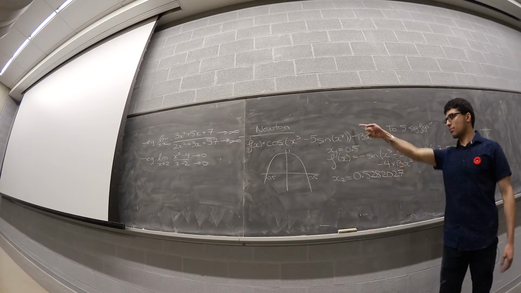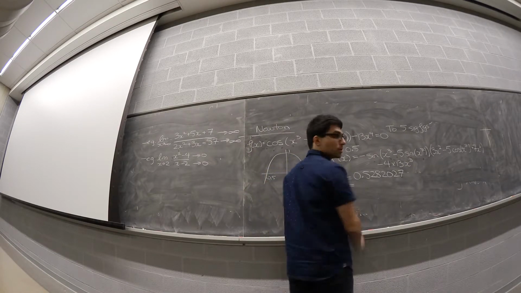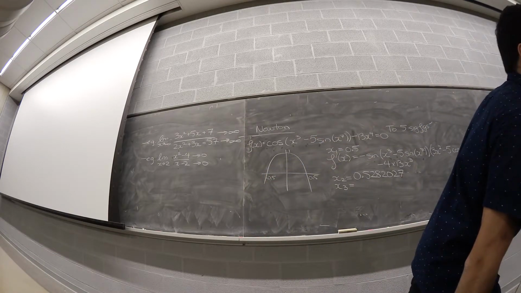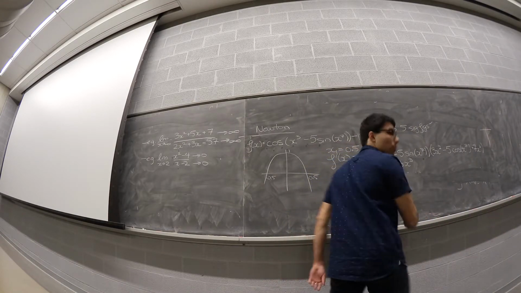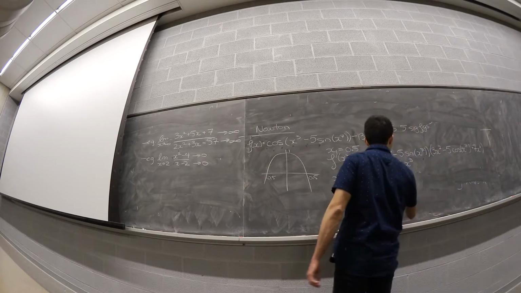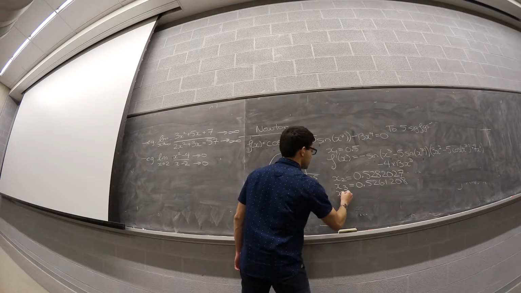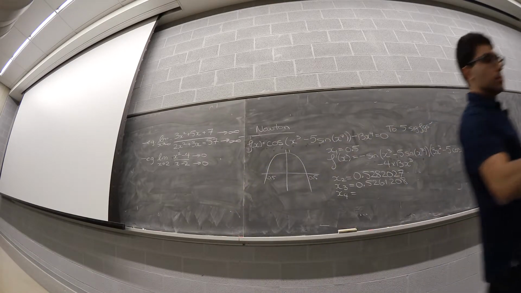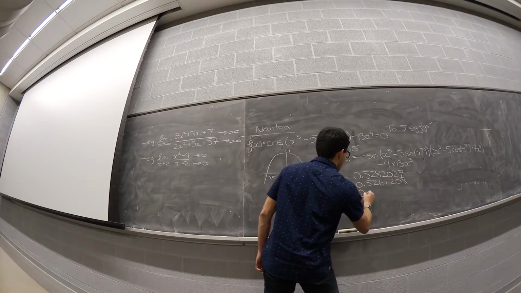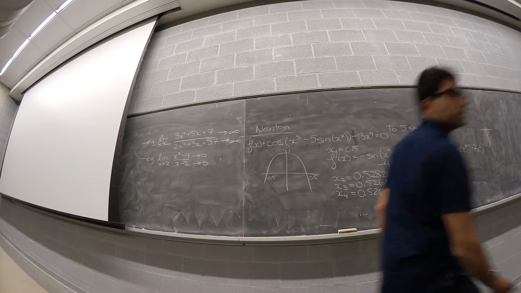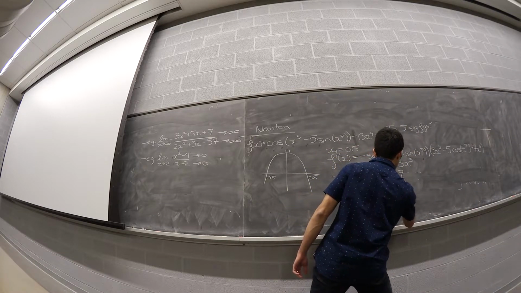I go x2 minus f at x2 over f prime at x2, and I get x3. x3 is equal to 0.526120, something. Then x4 is 0.5261086, something.